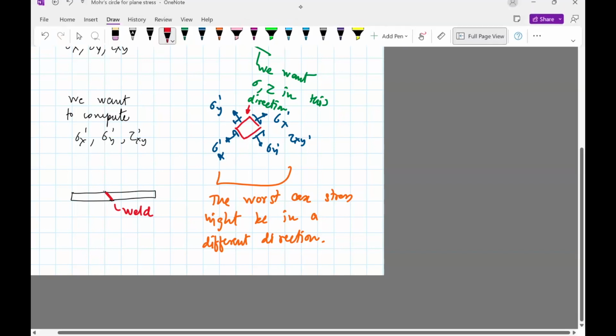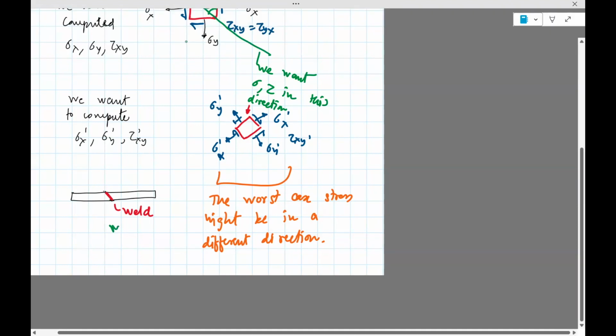So this is the weakest link. Weak here. And here you are clearly interested in the stresses in the direction where the weld is, rather than having the stresses in the direction which is x and y. So this is clearly at an angle of theta, and you want to compute the stress at that angle.